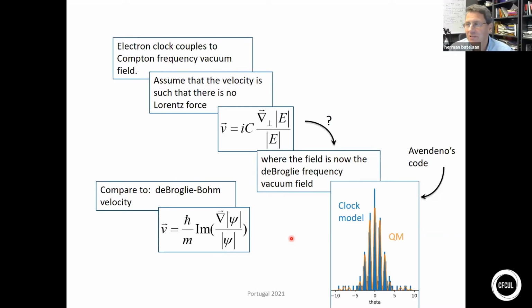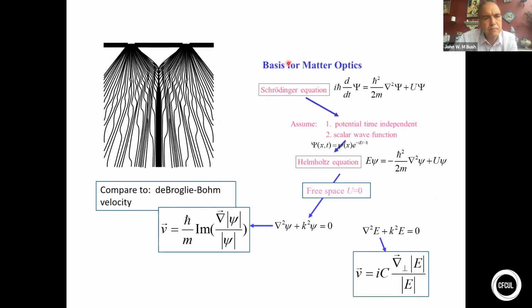Yeah, that's always a big deal, of course, right? What are you using, the Compton or the de Broglie? Anyway, since I come from an experimental group, mostly in the past and now also in matter optics, we usually take the Schrödinger equation, take care of the time-dependent part, you get a Helmholtz equation, and in free space you can show that this follows from that.